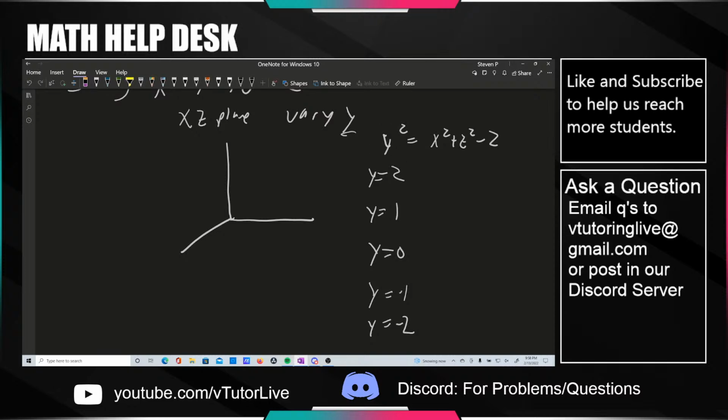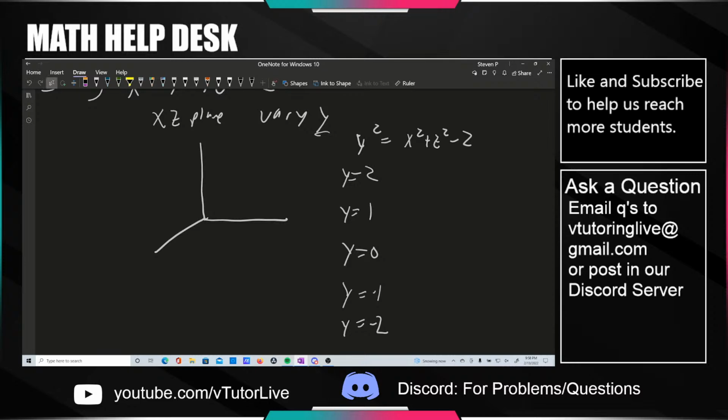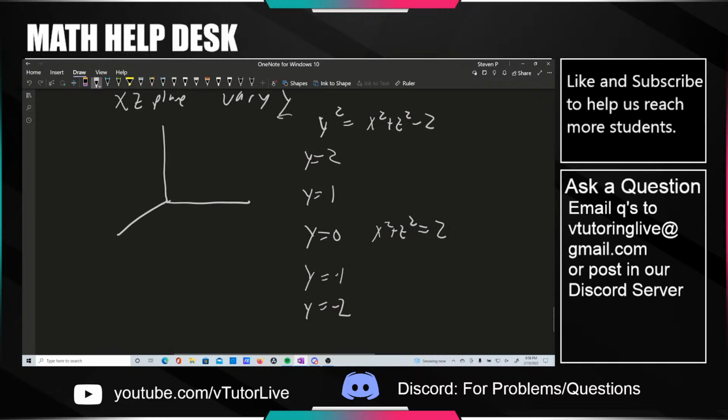Let's look at y is equal to 0 first. Then x squared plus z squared is equal to 2, which is just a circle of radius root 2. So far so good.